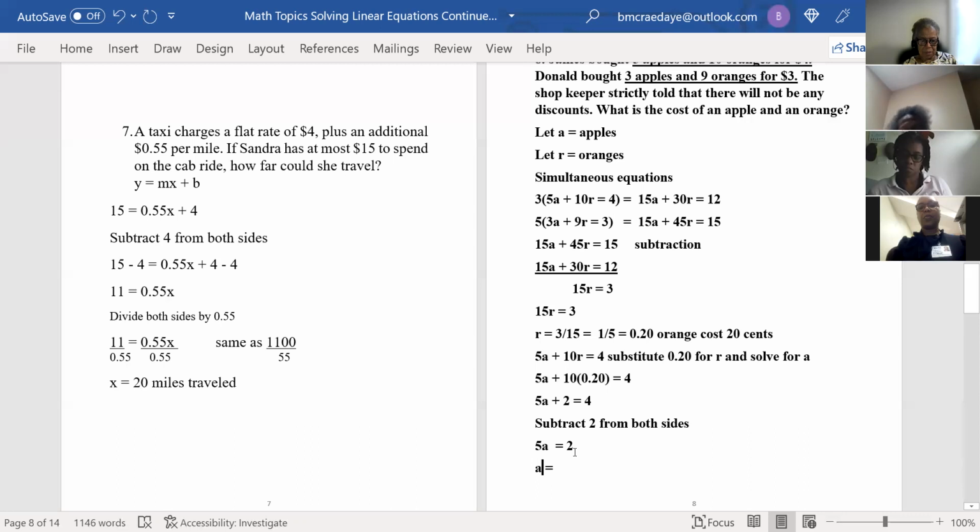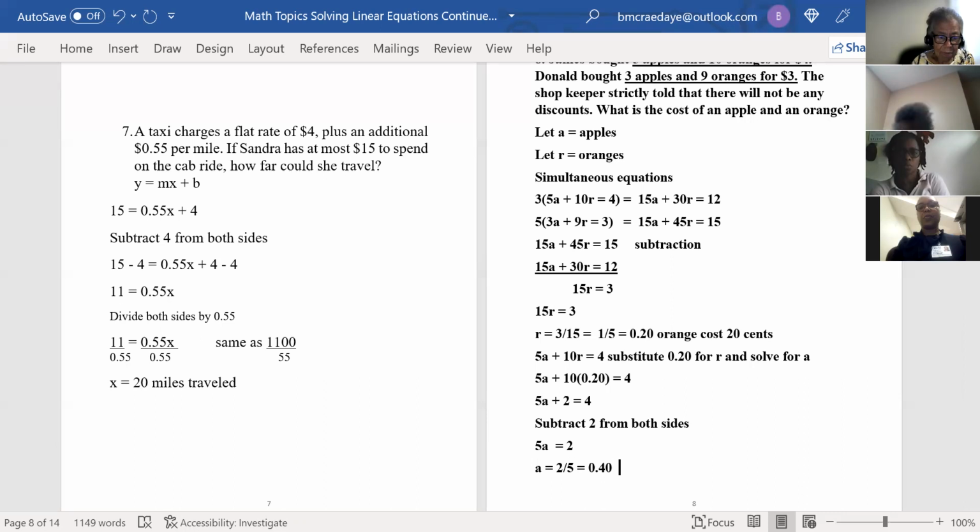What's the opposite of multiplication? Division. So A is going to be 2 divided by 5, right? And what's that equal to?